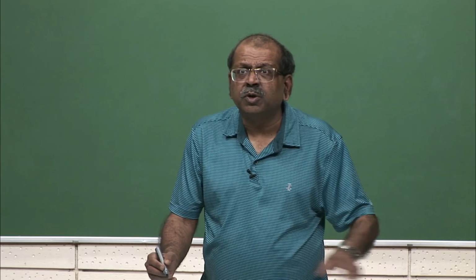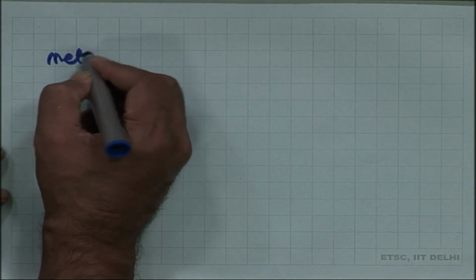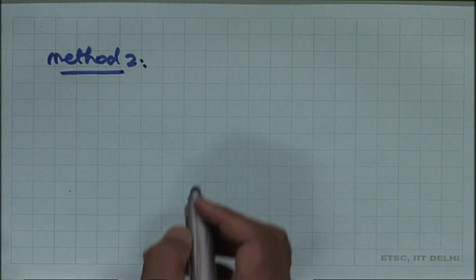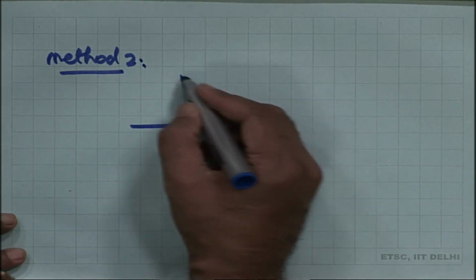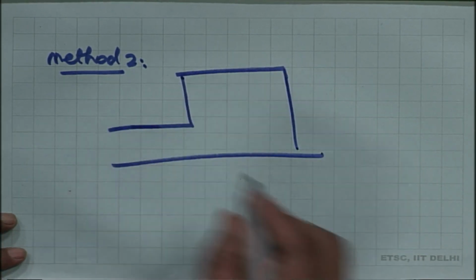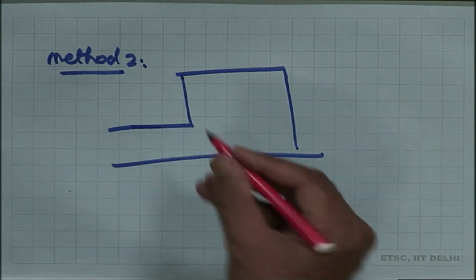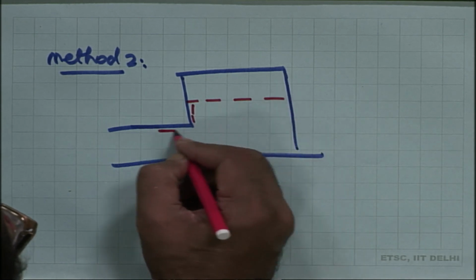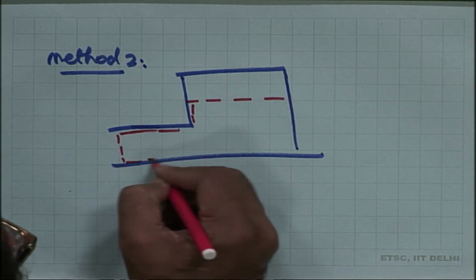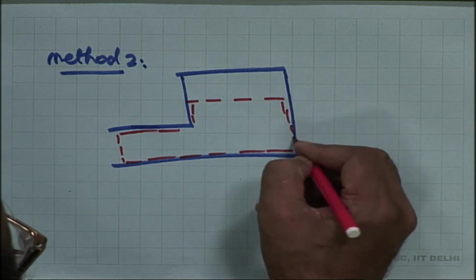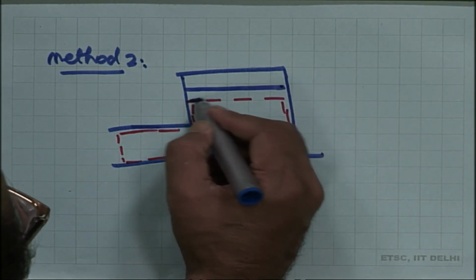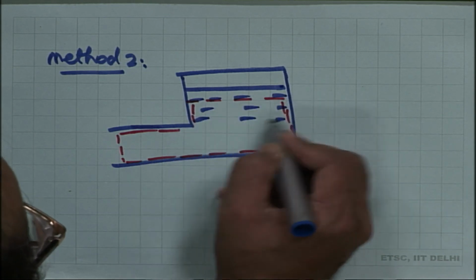Now, there can be a method 2 for solving the same problem. Method 2 would be, now what I do is I choose a control volume almost the same as before, but this control volume is a fixed control volume, and I keep it.